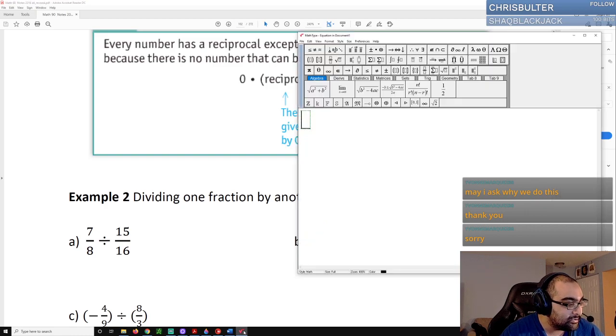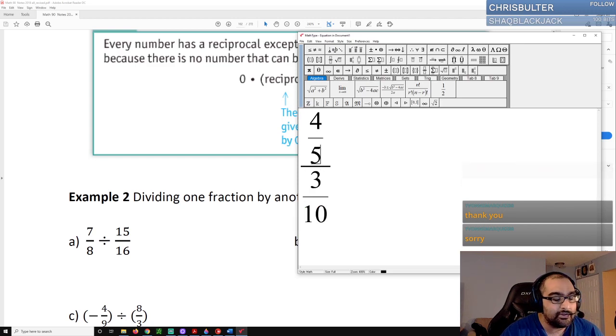So I'm going to type this out here in our little chat box. This is where we have 4/5 divided by 3/10.